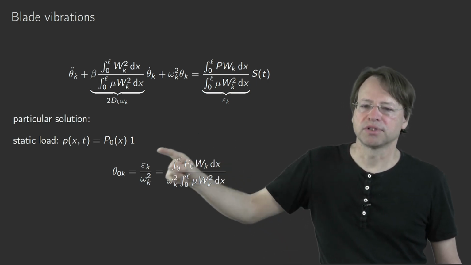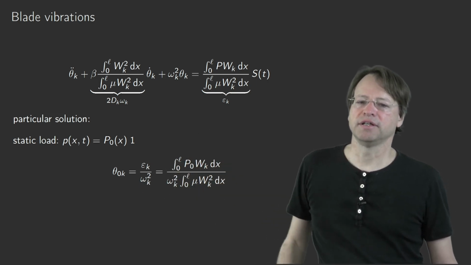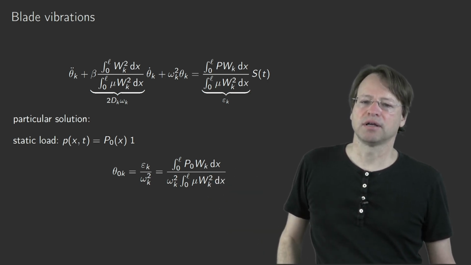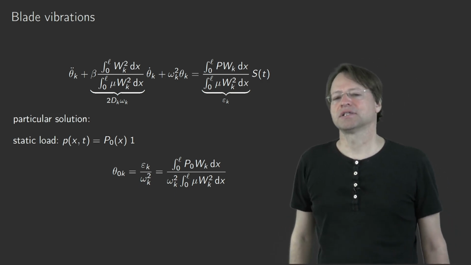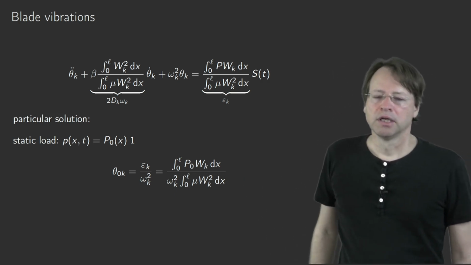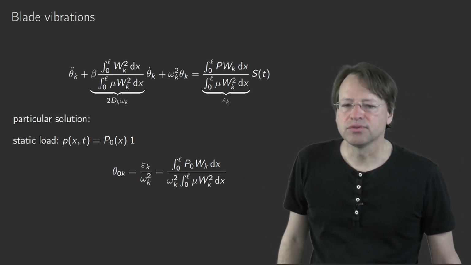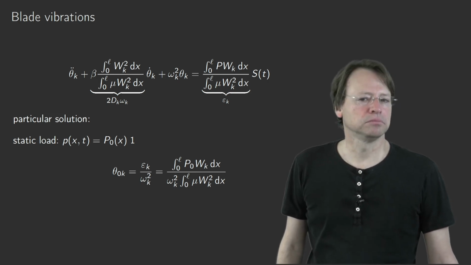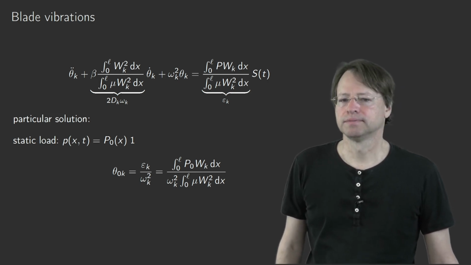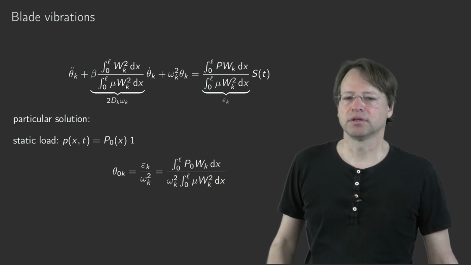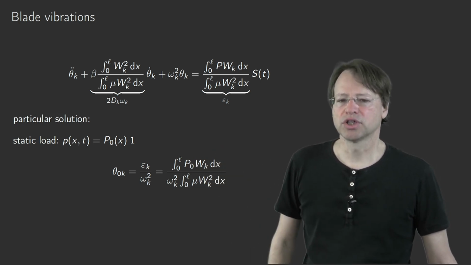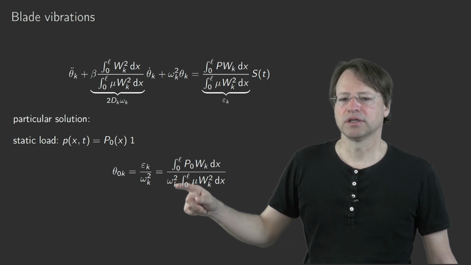So it would be epsilon k divided by omega k squared, and for that epsilon k, in order to evaluate it, you have to plug in p naught instead of p. So nice. Seems to depend on not much, right? On the pressure distribution, P naught, on the mode shapes, and on mu and on omega k.